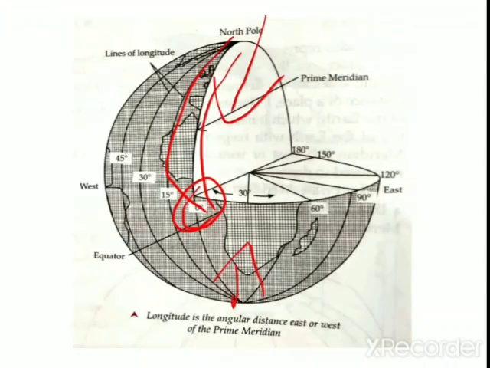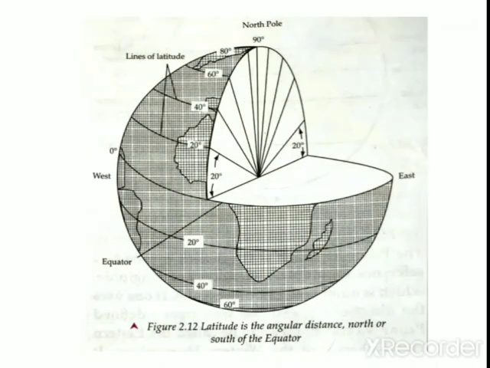In the same way, with the help of the longitudes, we are able to find out whether the place is in the east or in the west. This is how we take the help of the longitudes and the latitudes to point out the position of a place on the earth's surface. We'll wind up the session here.